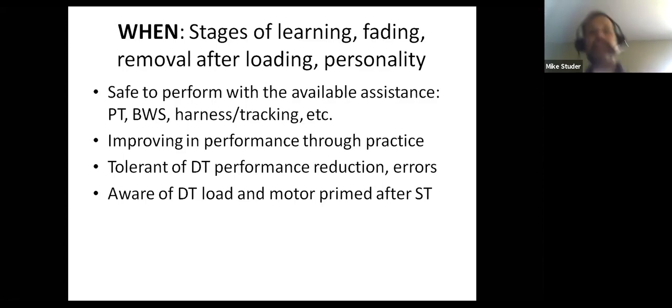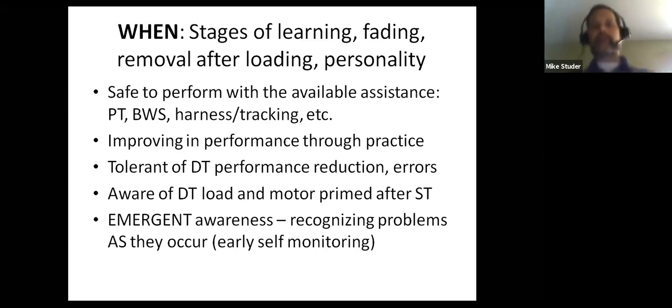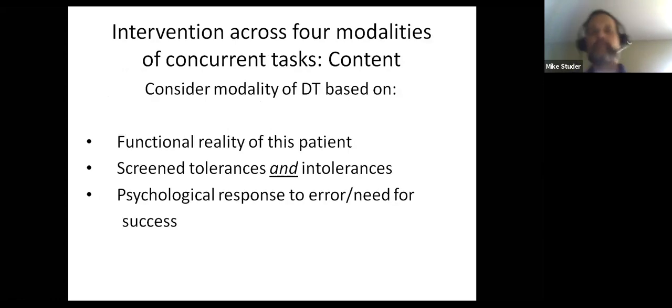When a patient is demonstrating capacity to recognize a problem as it is occurring, it doesn't mean they're perfect, doesn't mean they're correct in their solution of the problem, but they're just starting to demonstrate some level of awareness. Okay, so as summarized down there, you can look at all of these points, but really the overview is emergent awareness. Now, on intervention. In intervention of dual tasking, we need to consider all four modalities.